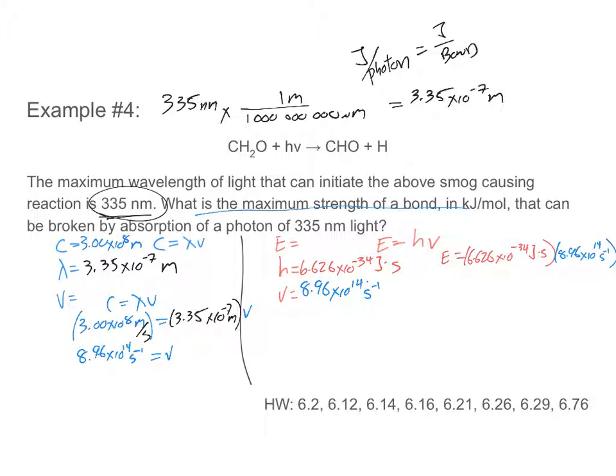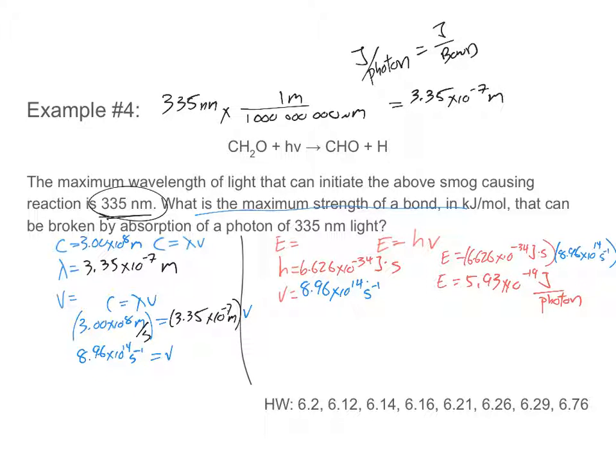So when I solve this for the amount of energy required in that particular bond, I get 5.93 times 10 to the minus 19 joules per photon in that maximum wavelength of light that's being present.